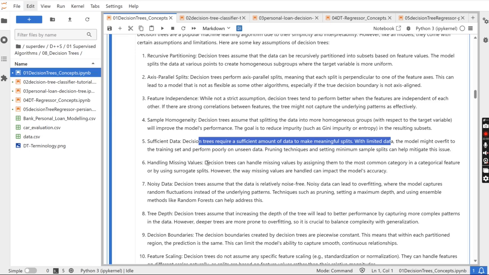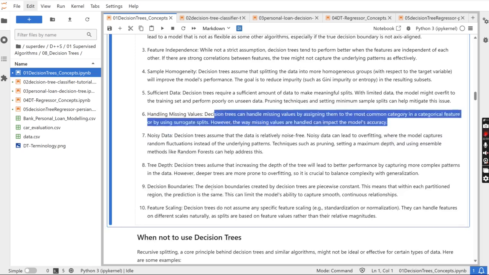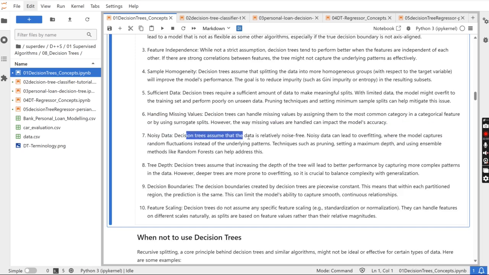While decision trees can handle missing data by doing some sort of surrogate splitting, it is still preferable, to improve the model accuracy, that we do the missing data handling. And decision trees assume that the data is noise free.